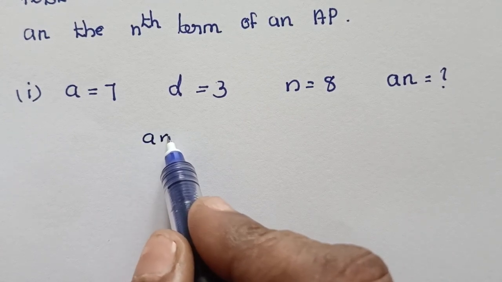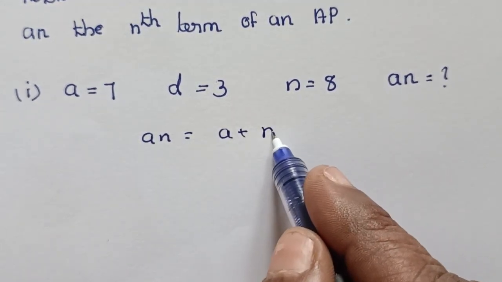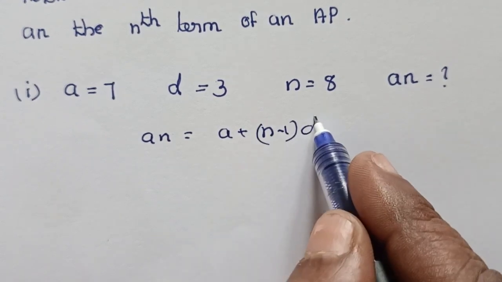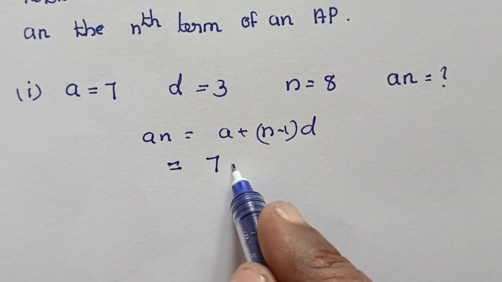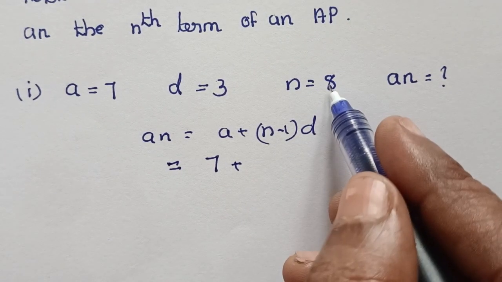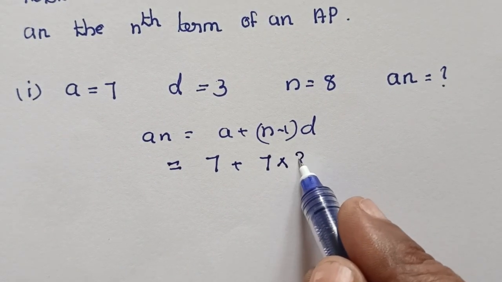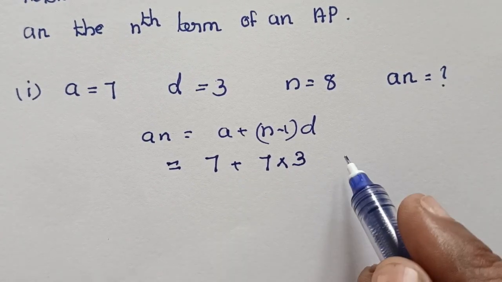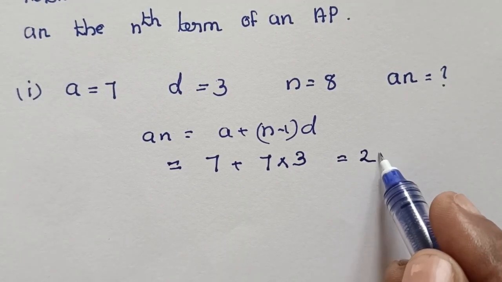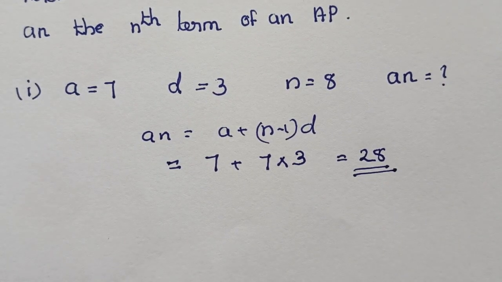Write the formula first. an equal to a plus n minus 1 into d. a equal to 7 given, n minus 1 is 8 minus 1, that is 7, into d equal to 3. First do the multiplication. 7 3s are 21, 21 plus 7 equal to 28. So nth term an equal to 28.